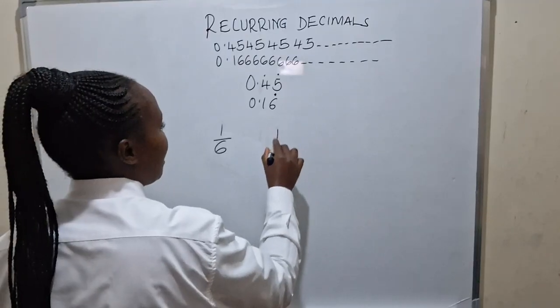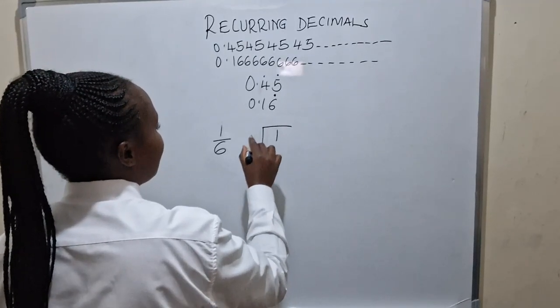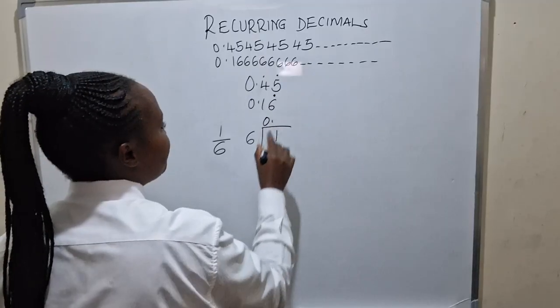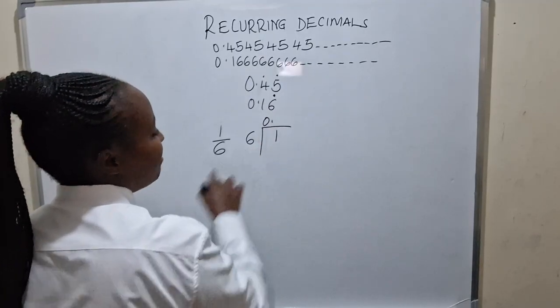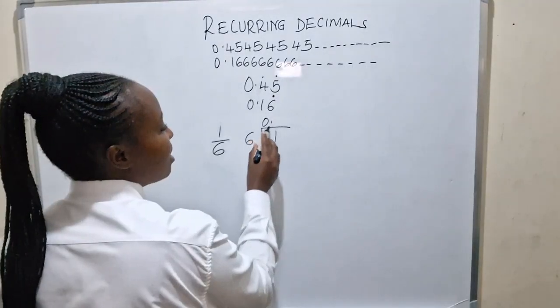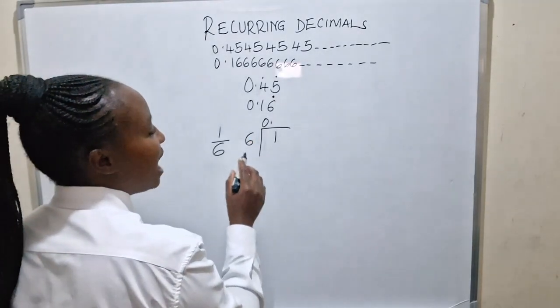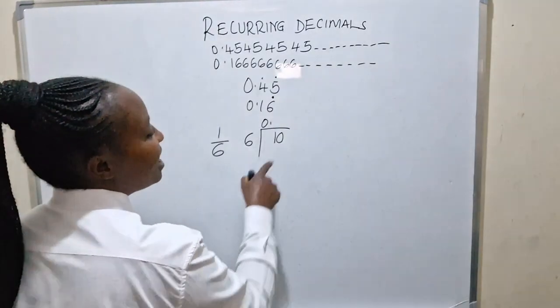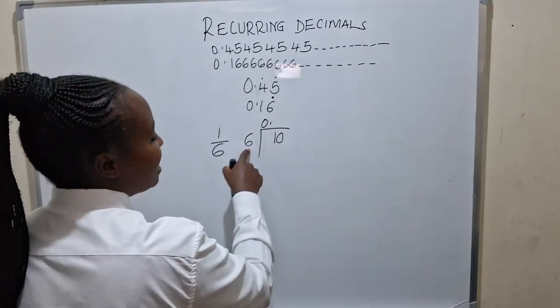That means this is 1. I divide by 6, right? So I will introduce a 0 point because 1 cannot be divided by 6. It's a lesser number. So if you introduce a 0 point, then it gives you the liberty to add a 0 here. Okay? So when it's a 10, you divide by 6.